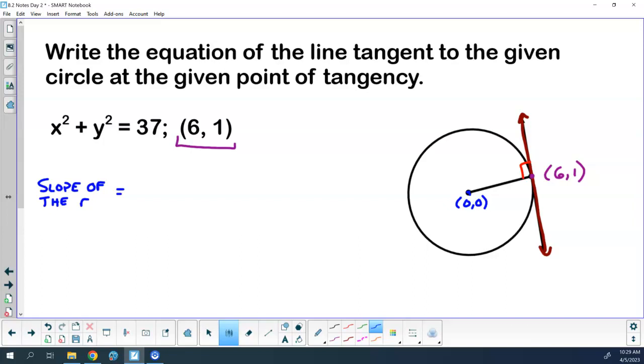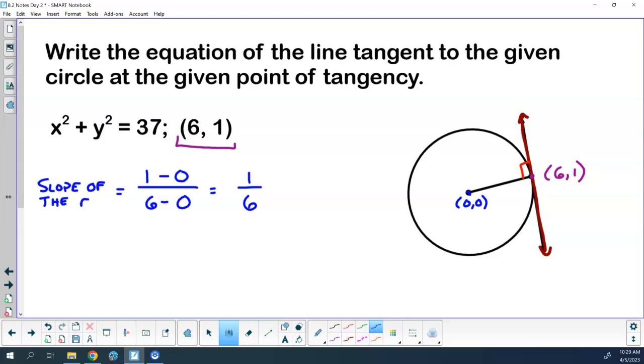If I subtract the y's, that's 1 minus 0. If I subtract the x's, that's 6 minus 0. Or you could have gone 0 minus 1 and 0 minus 6. Either way, you'll get 1/6 for the slope. That's the slope of the radius, right?